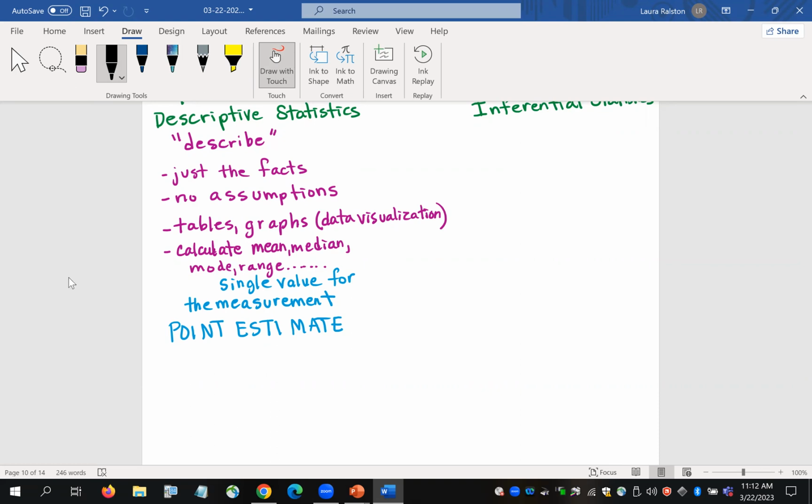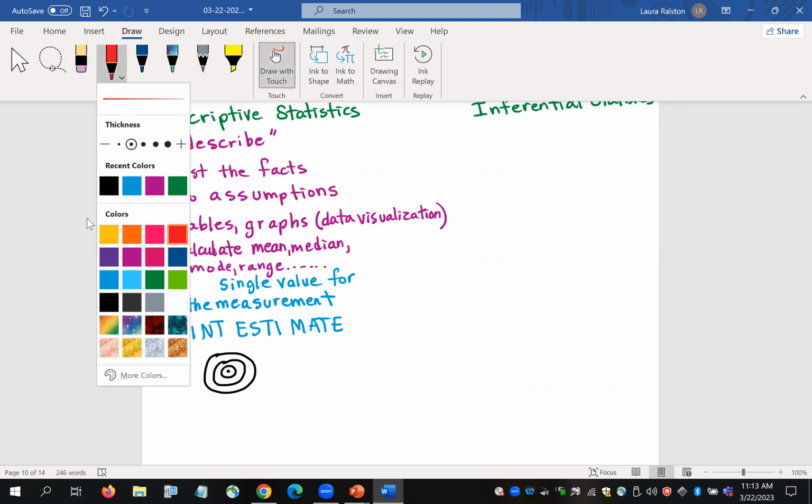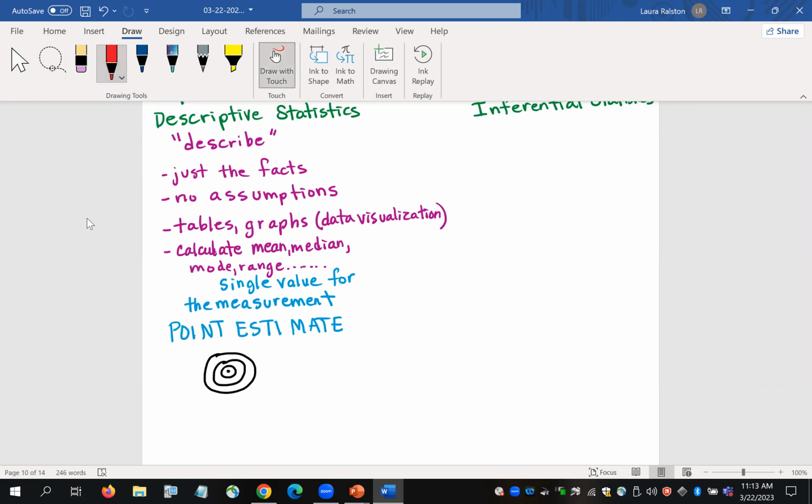It's like you are aiming at a target, and a point estimate is like you have to hit the bullseye every single time. So using a point estimate is like hitting the bullseye every time.